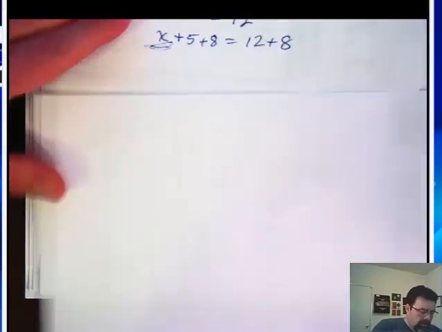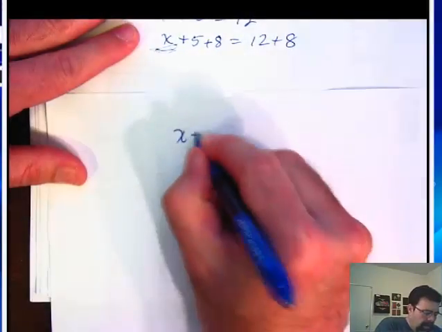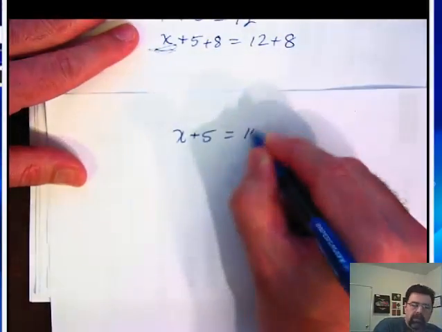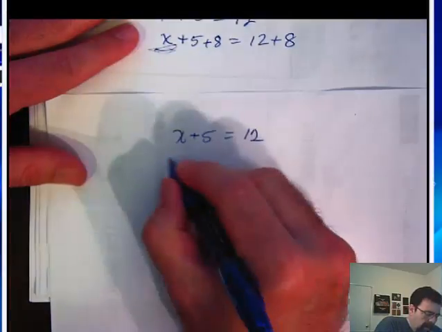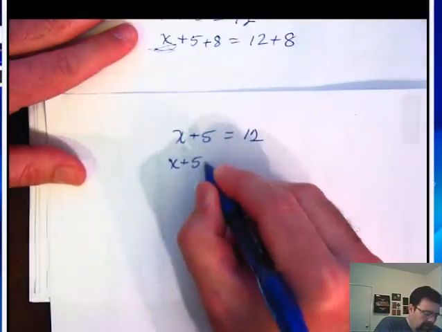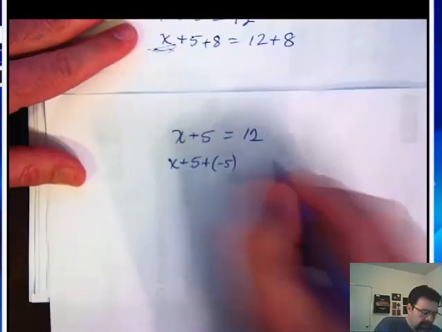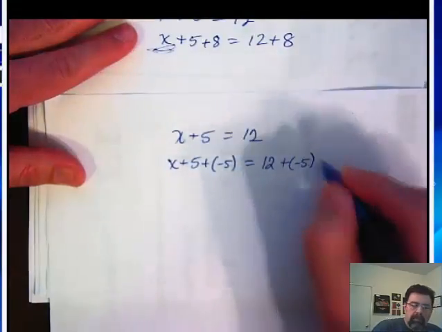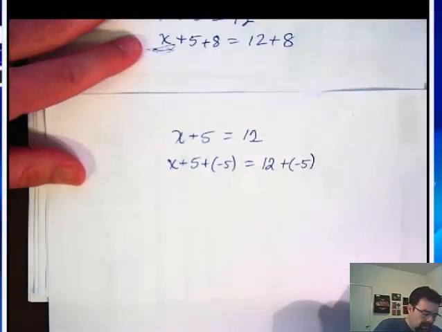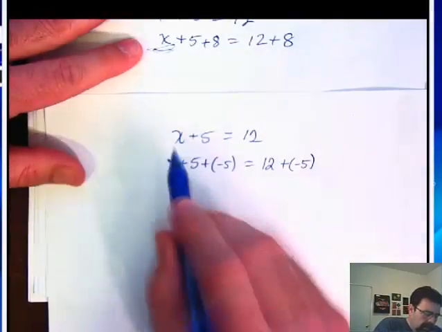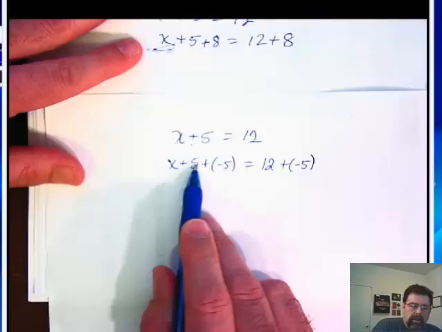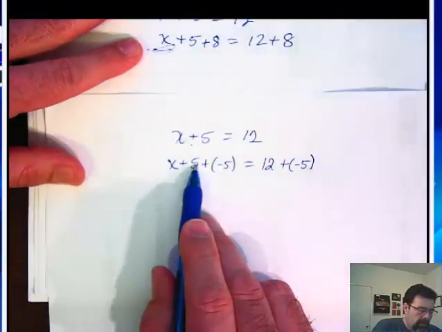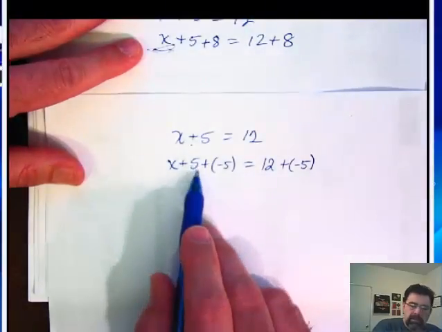So what I would do in this case is, if I had x plus 5 equals 12, and I were to add a negative 5 to both sides, this equation is equivalent to this equation by that principle, the addition principle for equations.